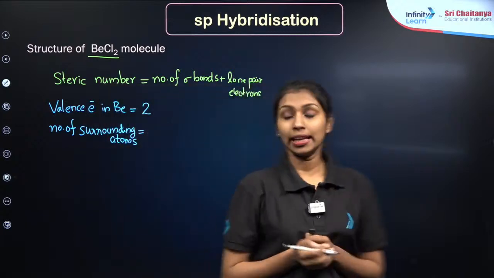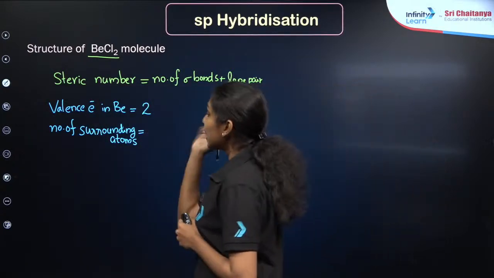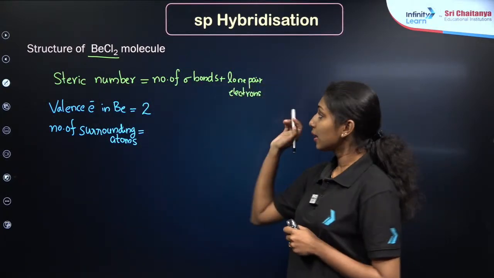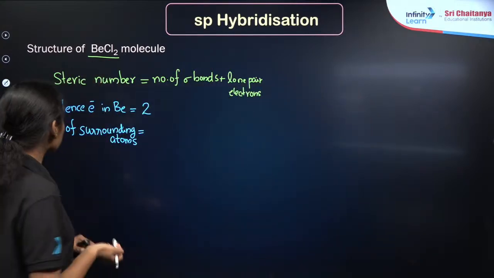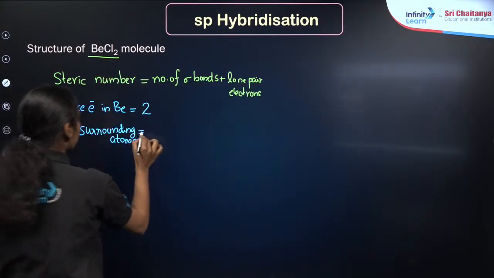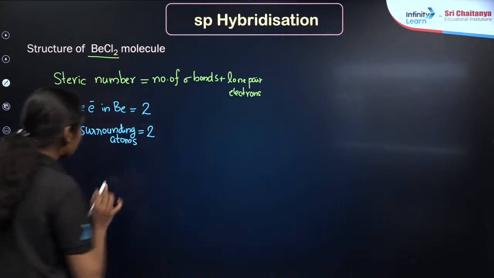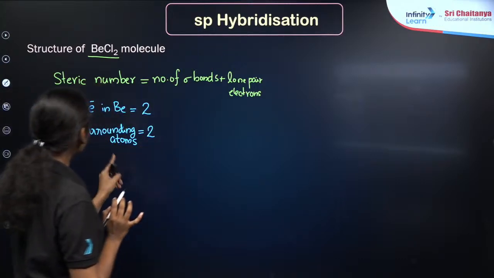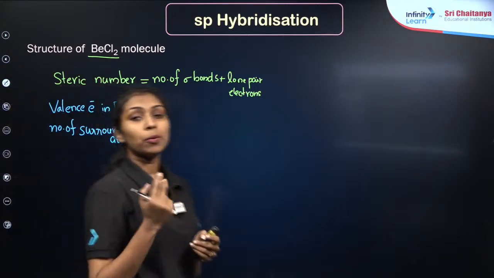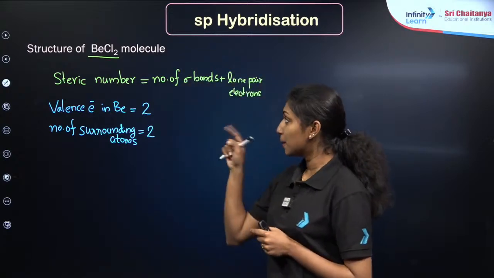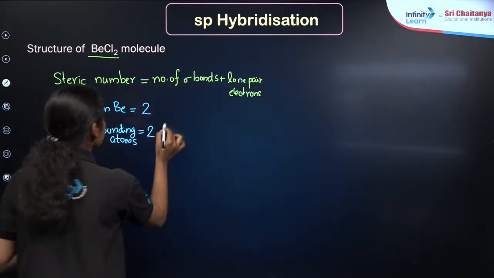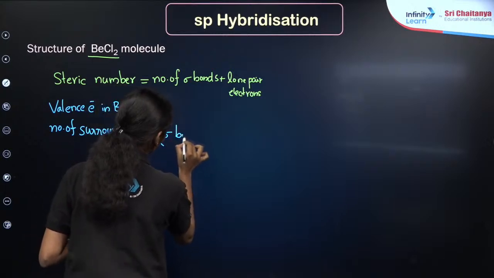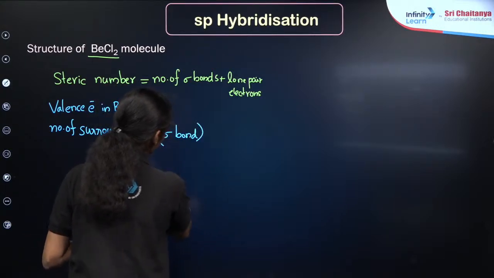Two, right? Yes. So, how many atoms are surrounding the beryllium in the BeCl2 molecule? 2 chlorine, right? So, I am taking 2 chlorine atoms, which means that 2 sigma bonds are formed with the beryllium atom. In the BeCl2 molecule, 2 sigma bonds are forming. So, I can say that the number of sigma bonds is equal to 2.